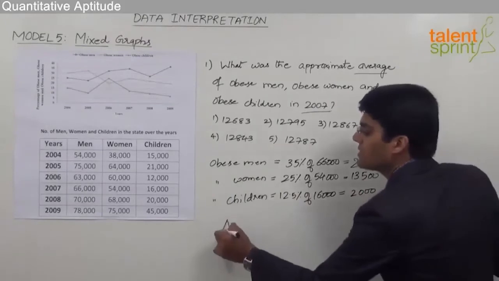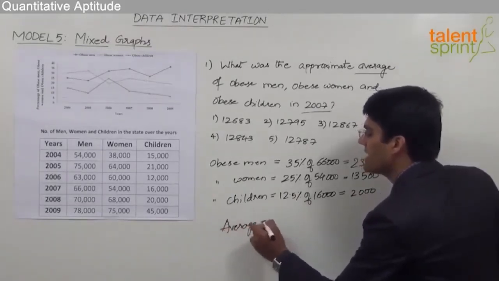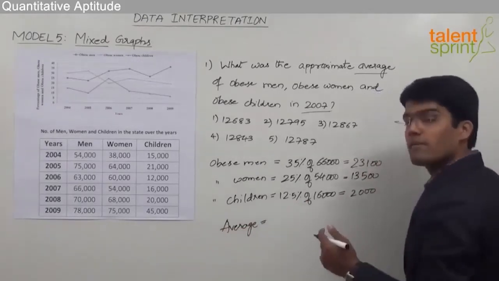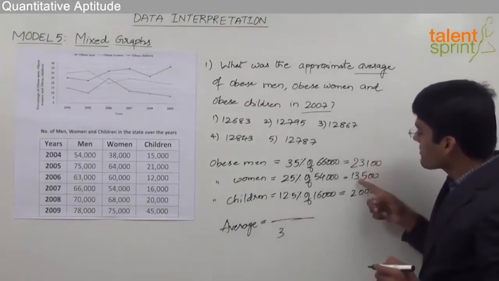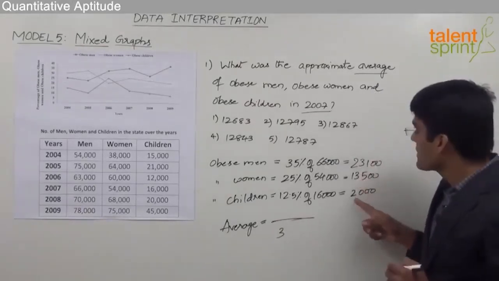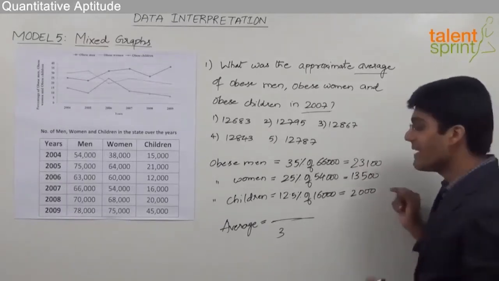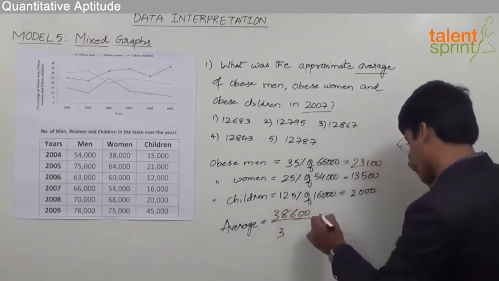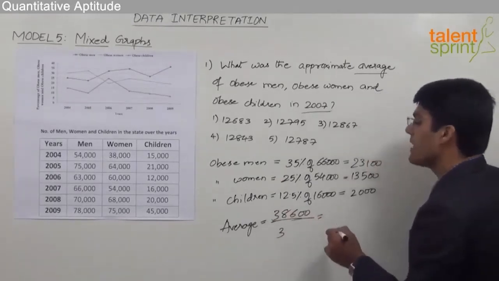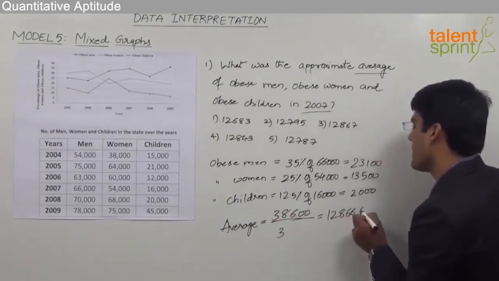Now, the average number of obese men, women and children. The average can be taken as the total of all these values divided by 3. Now the total of all these values here will be 23,000 and 13,000, 36,000 plus 2,000, 38,000 and 100 and 500, 600. So 38,600. 38,600 when divided by 3 will come out to be 12,866.66.